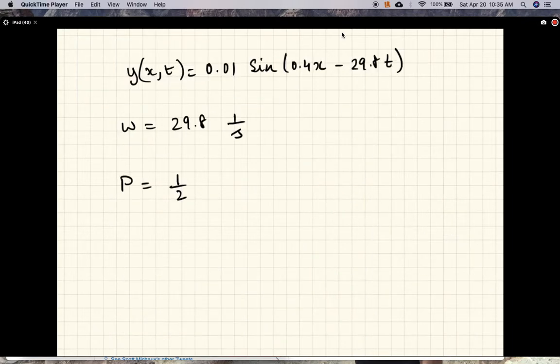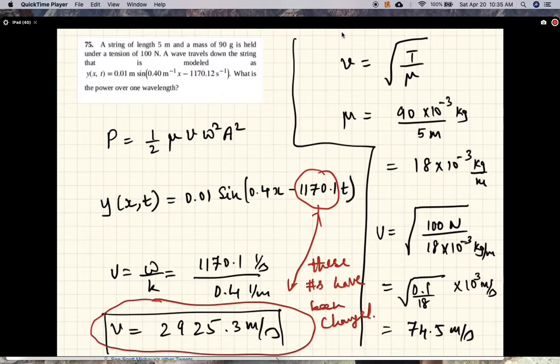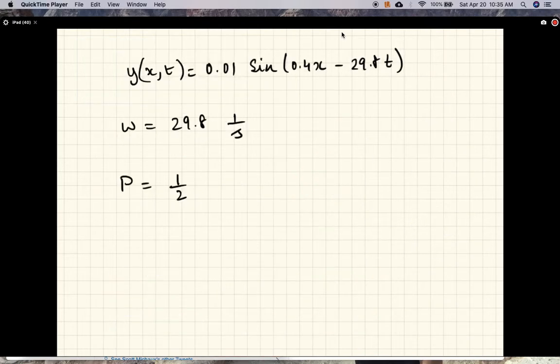All right. So power is 1/2 mu v omega squared a squared. The power is energy traveling down the string per second.